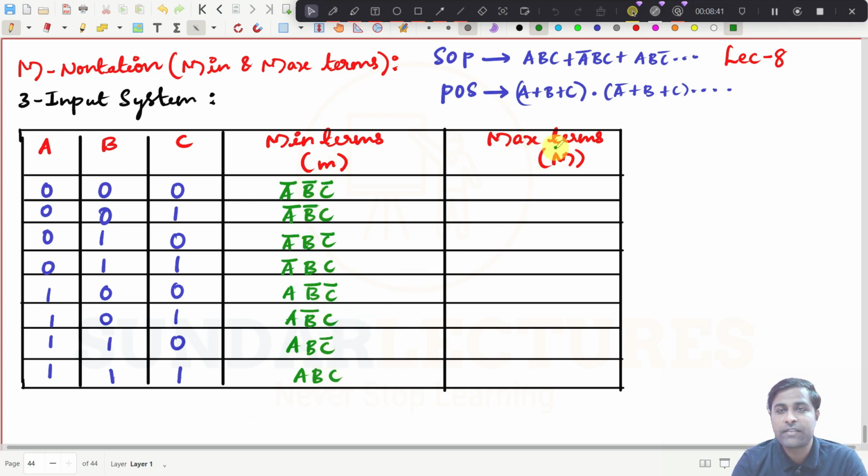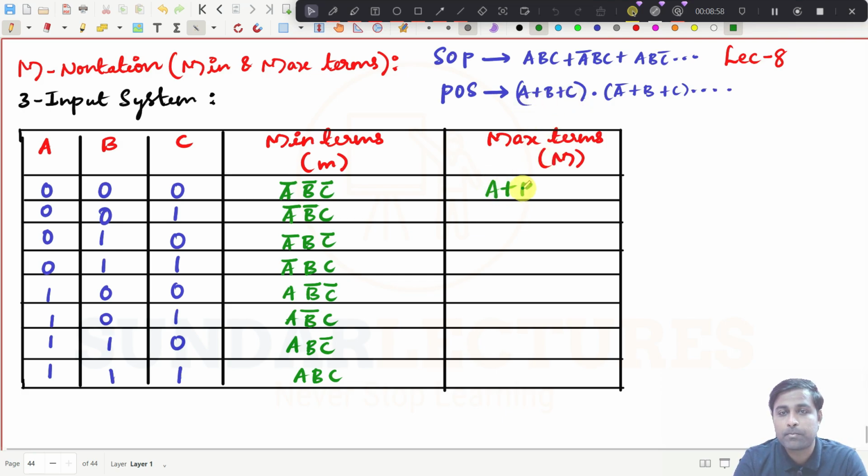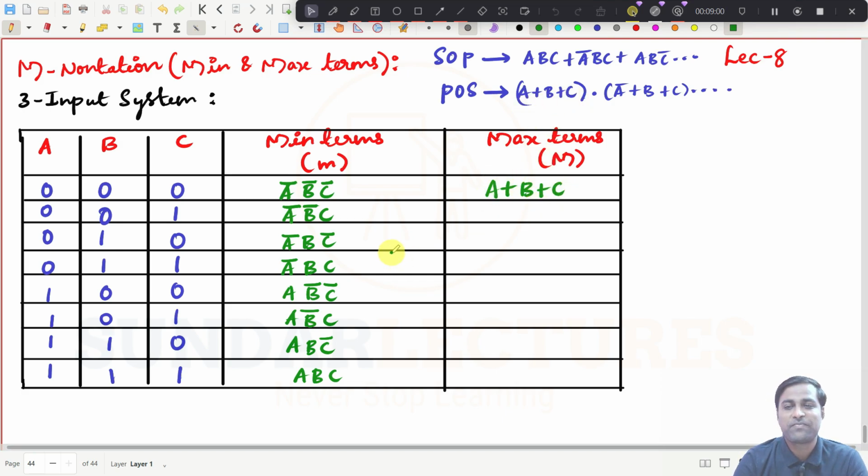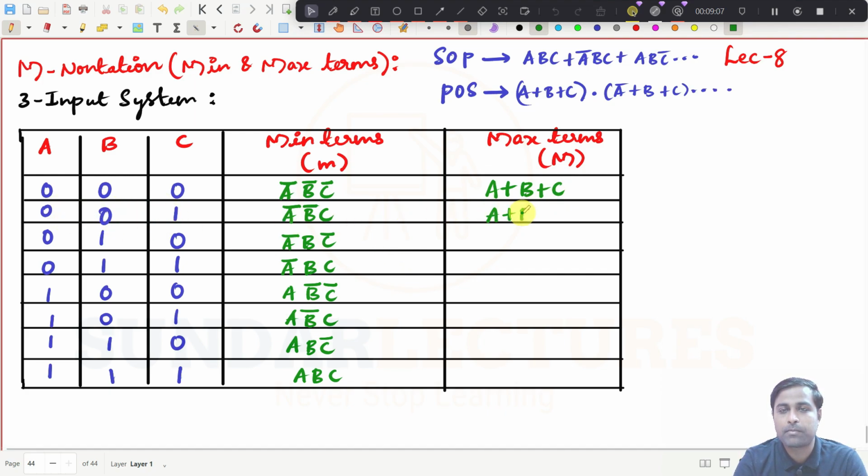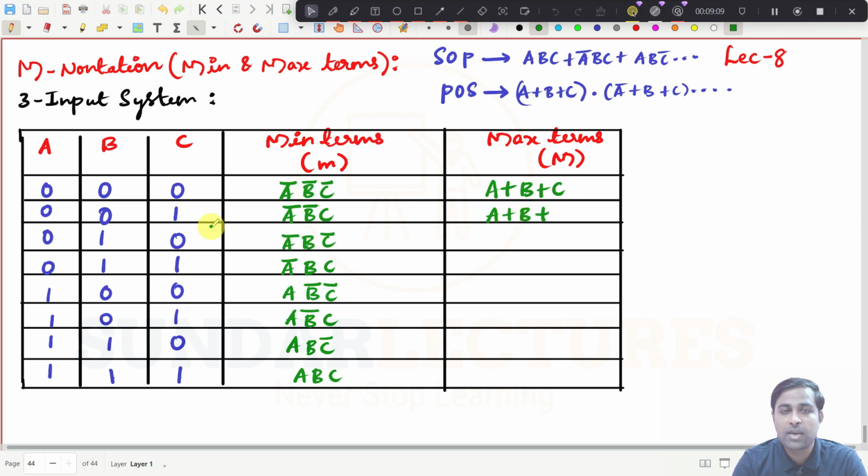And you write for max terms. What you do now, for max terms, if there is any 1, then put bar. So here you see everything is 0, so you have to write these terms as A plus B plus C. Try to understand, right? Plus. So if you see 1 here, you have to write this as A plus B plus... see here 1 is there, so what you do now, put bar.